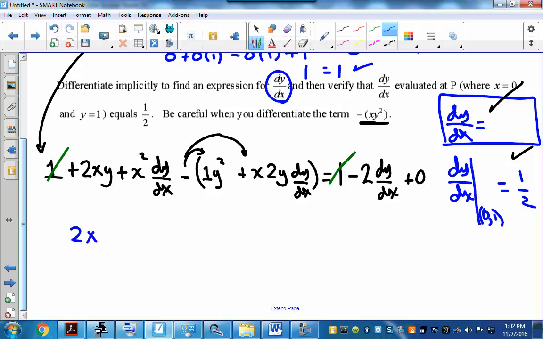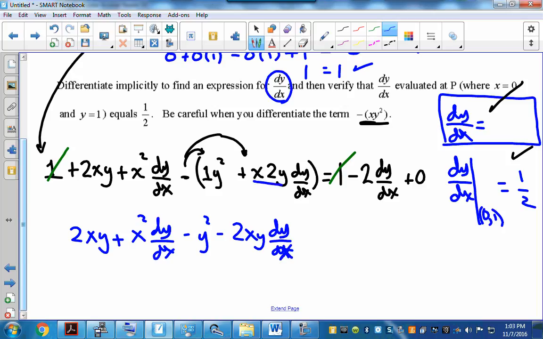We have 2xy plus x squared dy/dx, and then minus y squared and minus 2xy dy/dx. I would just rewrite this instead of x2y as 2xy. And on the right side, we have minus 2 dy/dx. And that's it.